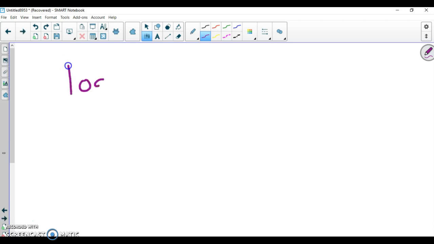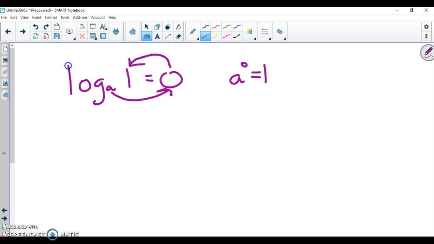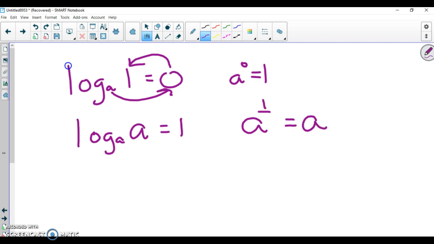The first one says log base A of 1 equals 0 because A to the 0, doesn't matter what that base is, anything to the 0 power equals 1. First property. Second property, log base A of A. This is saying A to what power equals A? Well, we know that to be 1. True, always, and forever.